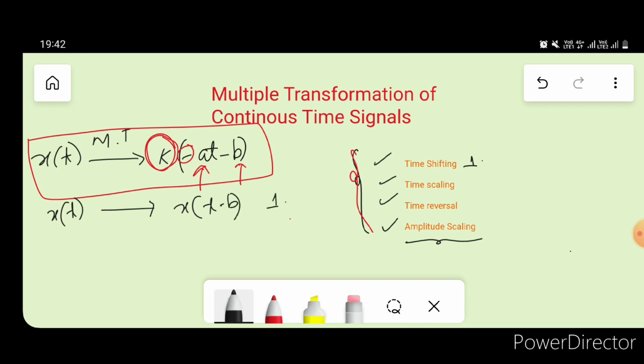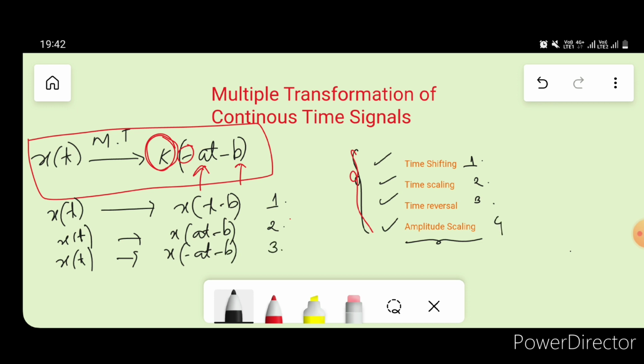Second, we perform time scaling, so x of t then becomes x of at minus b. In the third step, we perform time reversal, so x of t finally becomes x of minus at minus b.